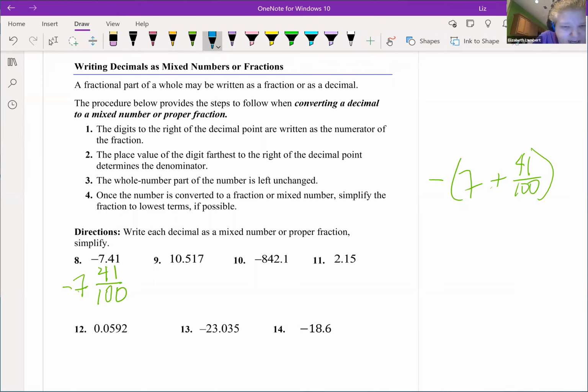All right, so this one is 10 wholes. So a 10 out front, and then that 517 on top. Tenth, hundredth, thousandth. So we put 1000 on the bottom. Now I didn't check before, but 41 I'm pretty sure is prime, so that's not going to reduce. 517 though, well, it's not divisible by 3.